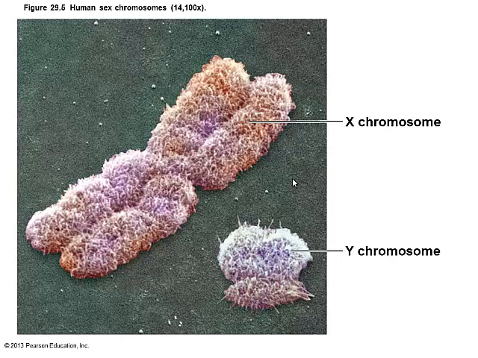Some examples of traits where we find it on the X chromosome are things like proteins that give us color blindness, baldness. Those are only on the X chromosome, okay? They're not on the Y chromosome. That's why we tend to see these things in males at a higher percentage, because they only have one shot. If they get an abnormal gene on their X chromosome, they get no backup.